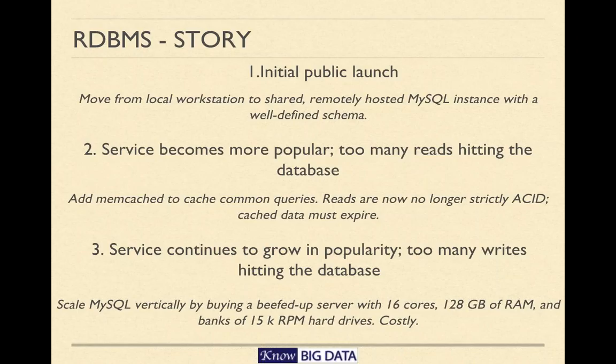Now, in a couple of days, your service starts becoming popular, and the next thing you know, there are too many reads hitting the database. Not a big problem. We have seen this kind of scenario quite often. So what we do is we put in a caching server.